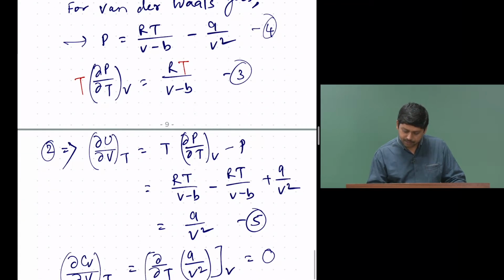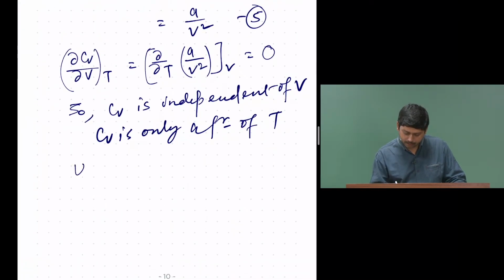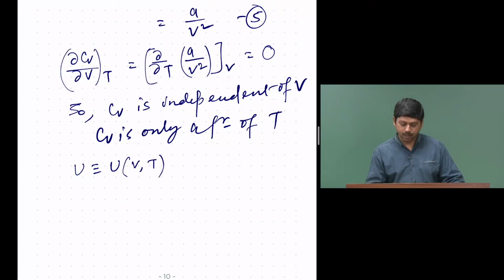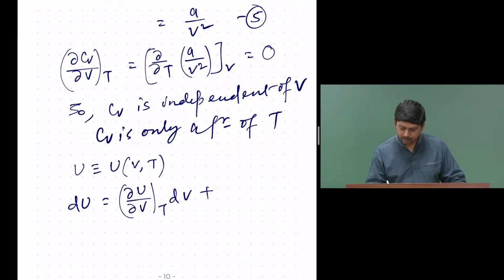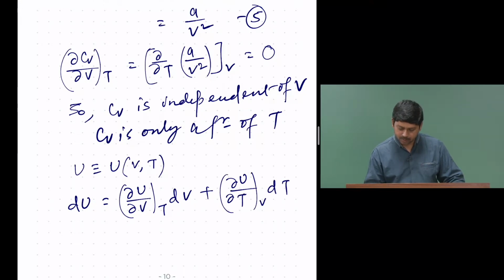We can write U as a function of V and T. So, we can write dU as del U by del V at constant T dV plus del U by del T at constant V dT.